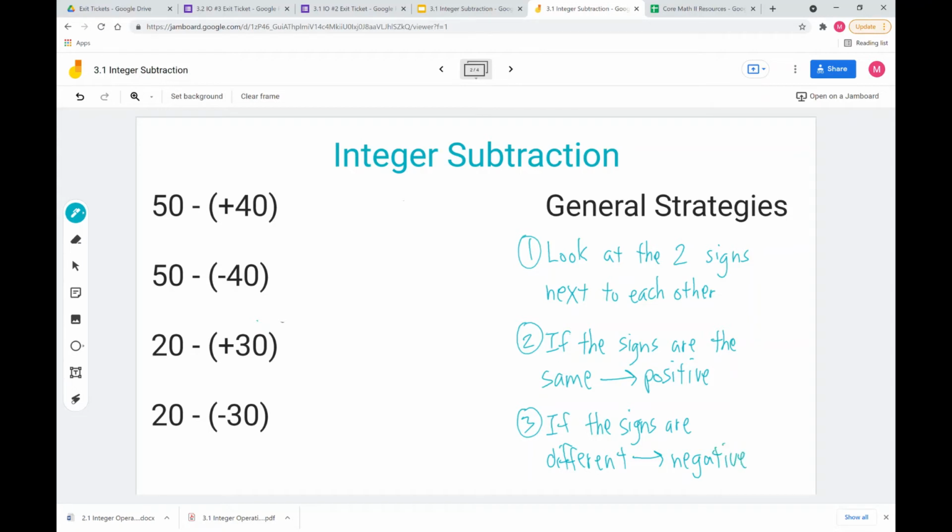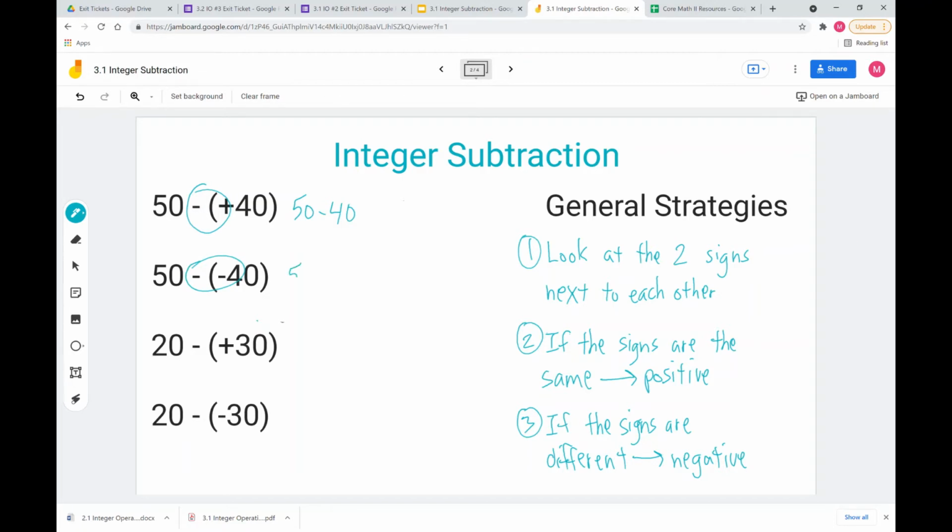So I'm going to circle 50 minus positive 40. The signs are different. Therefore, the problem is going to be 50 minus 40, because when the signs are different, we write a negative. For the next problem, 50 minus negative 40, the signs are the same.